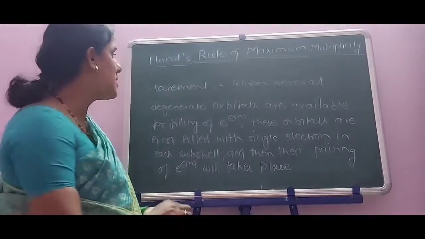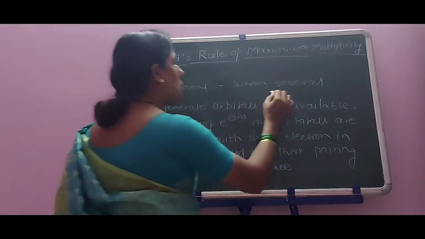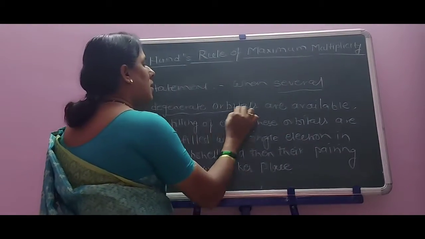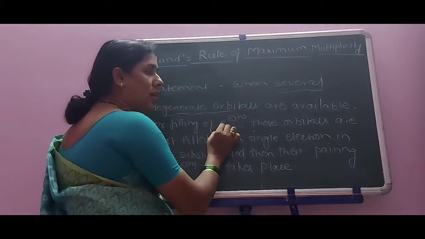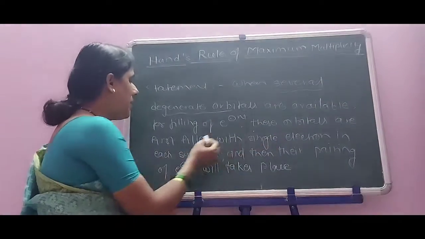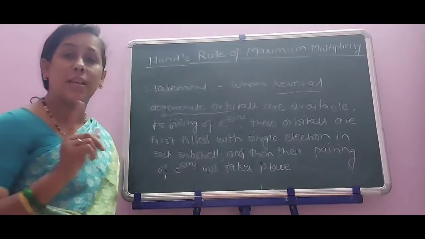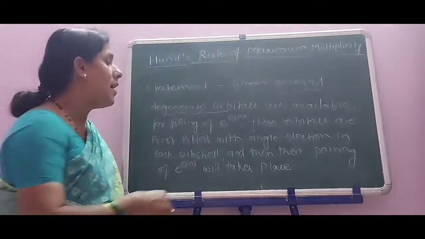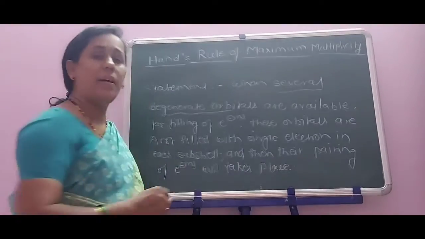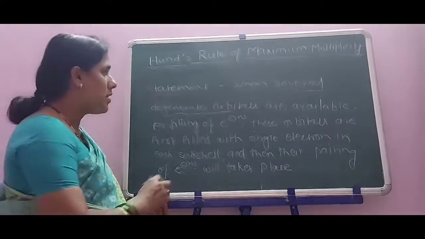What is the meaning of this? That is, when several degenerate orbitals are available for filling of electrons, these orbitals are first filled with a single electron in each subshell of the orbitals, and then their pairing will take place. What does this mean?